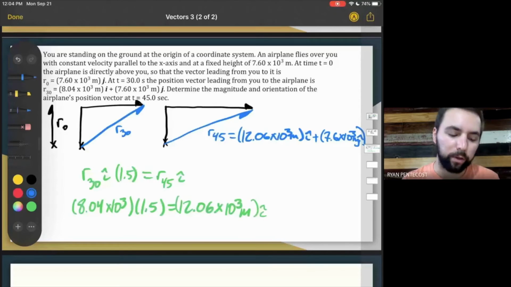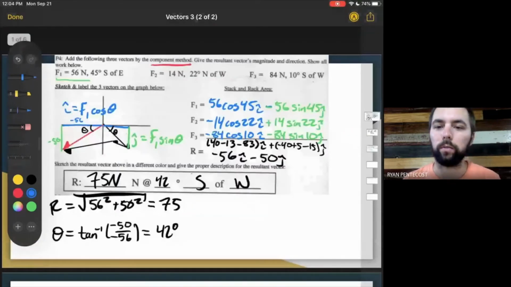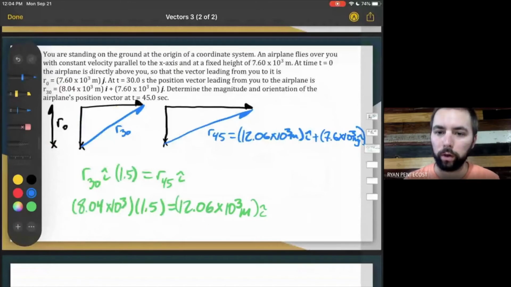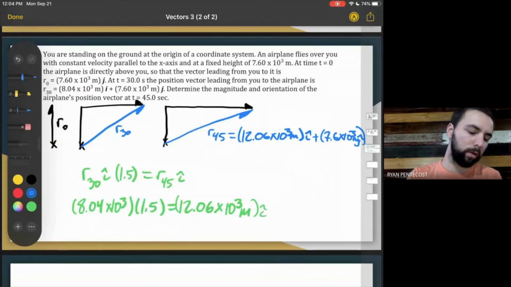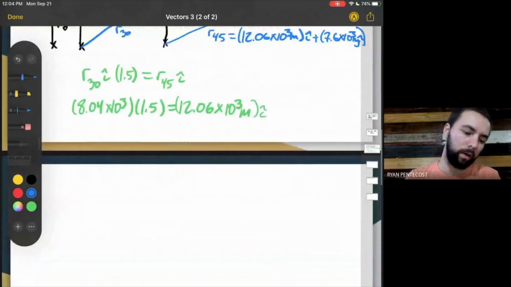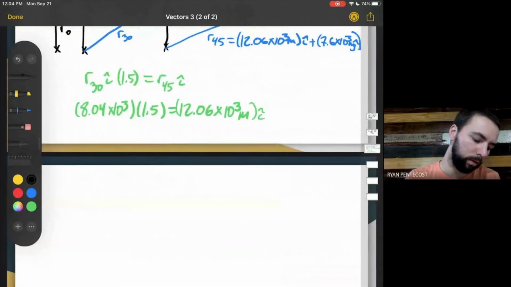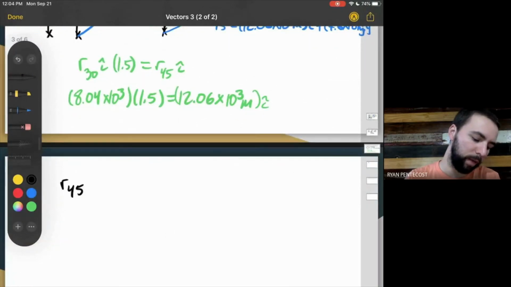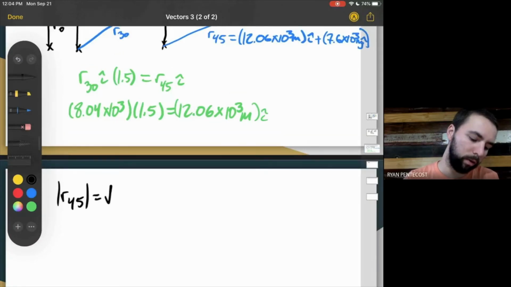So that is our vector, but it wants the magnitude and orientation, basically asking for polar coordinates, right? So how do we get the magnitude? Well, we're again going to do Pythagorean theorem. So we can drop this down real quick. If we want the r45 magnitude, we will take the square root of 12.06 times 10 to the third quantity squared plus 7.6 times 10 to the third quantity squared.